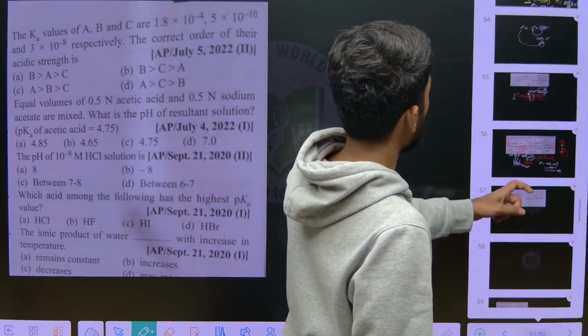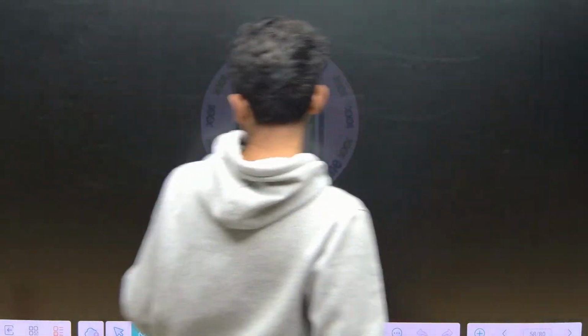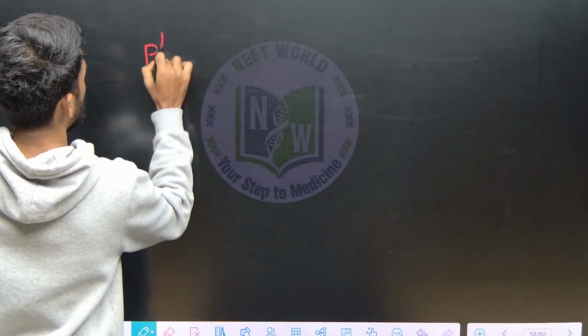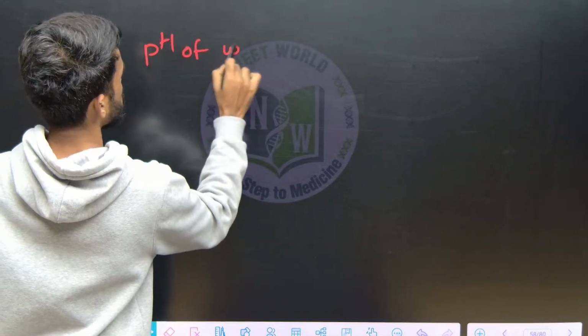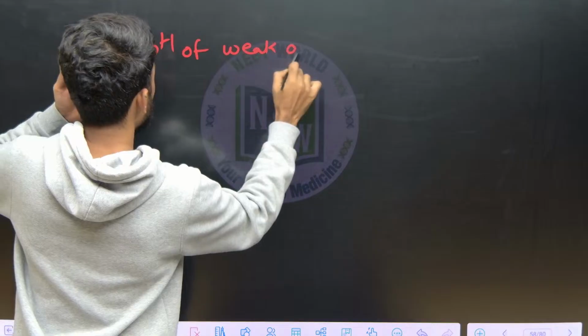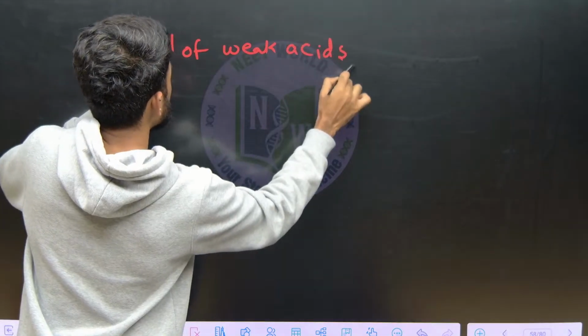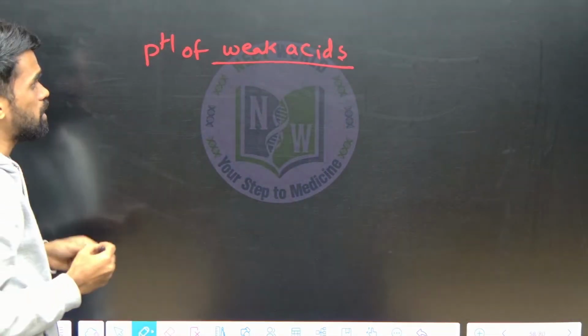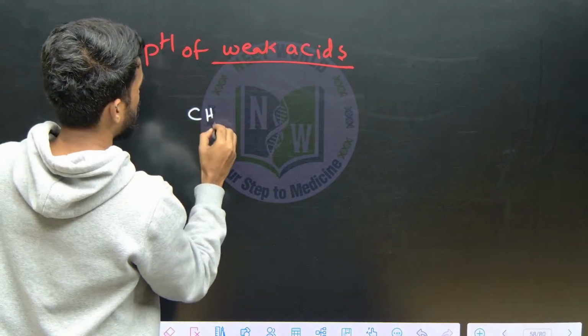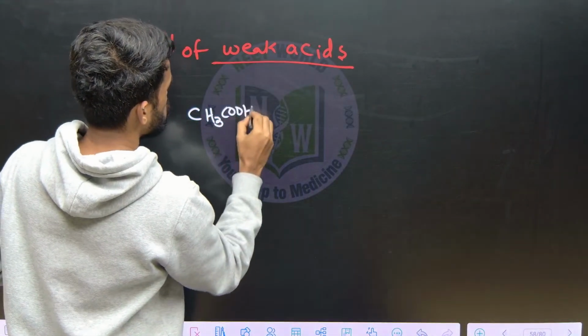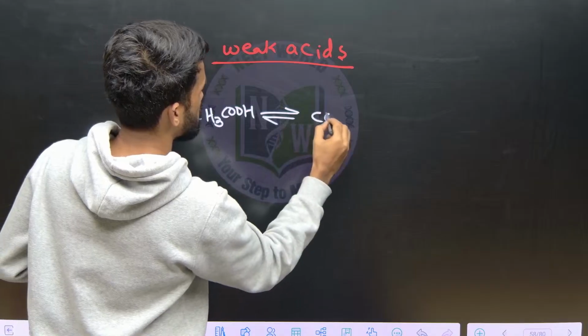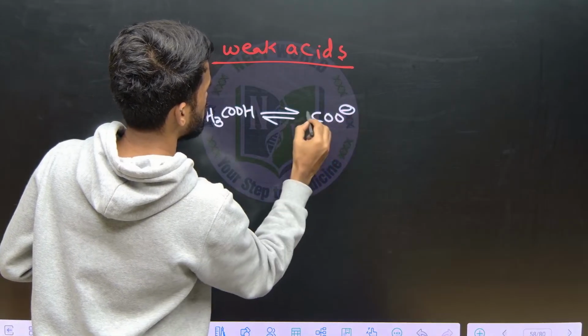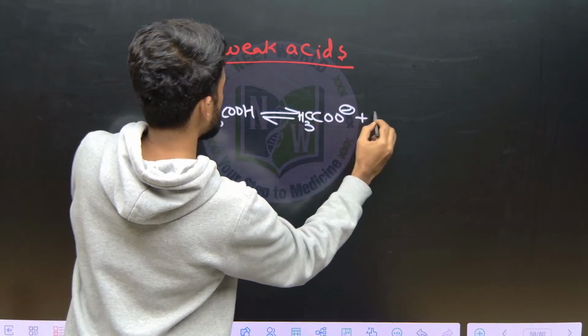Next thing, finding the pH of weak acids. How can we find the pH of a weak acid? Till now, whatever we discussed is for strong acids. When it comes to a weak acid, for example acetic acid, it will dissociate to form acetate ion and H plus.